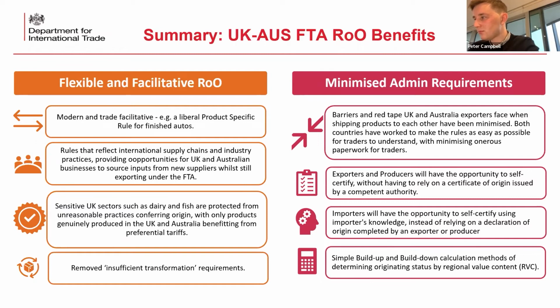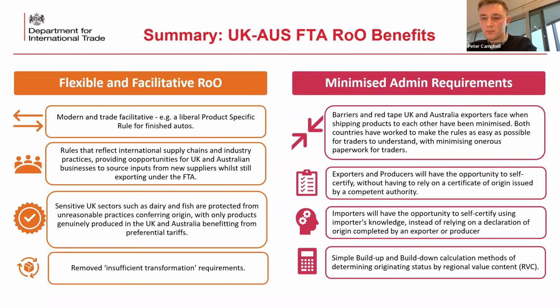As mentioned, we've also looked to facilitate trade by removing insufficient transformation requirements in order to simplify the rules of origin. Also, our rules are such that many supply chains and industry practices will still be able to continue to use their current form and current supply chains, while still accessing preferential rates.